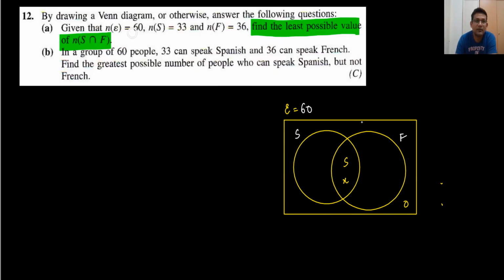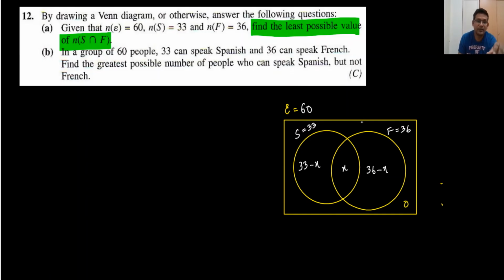Given that the number of elements in the universal set is 60, the number of S is 33, and the number of F is 36. Find the least possible value. If you want to find this value x, the intersection, this is 33 minus x, this is 36 minus x, and this is 0.